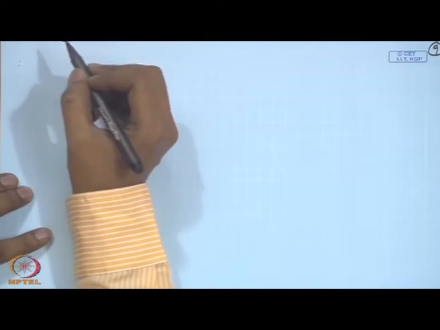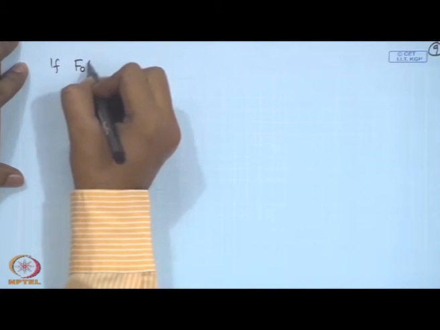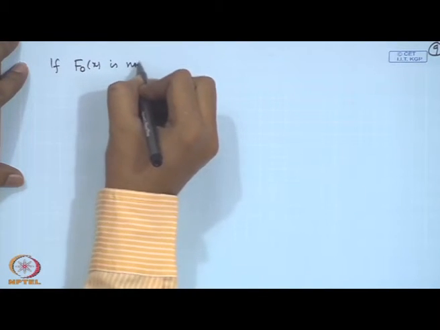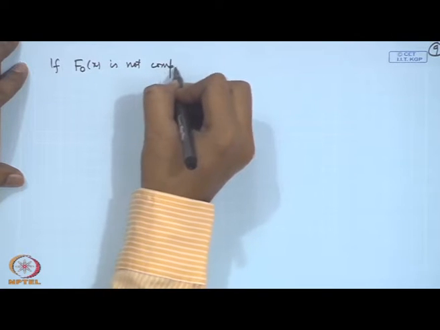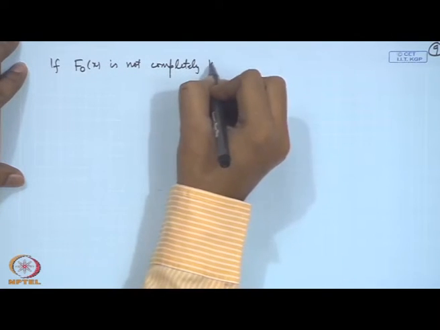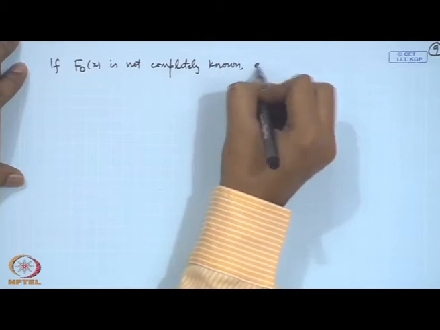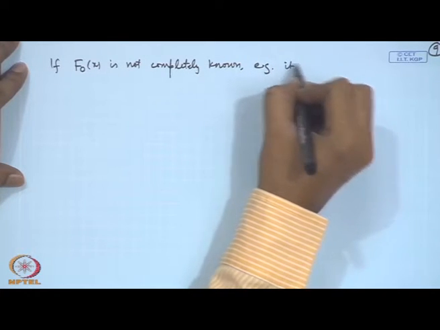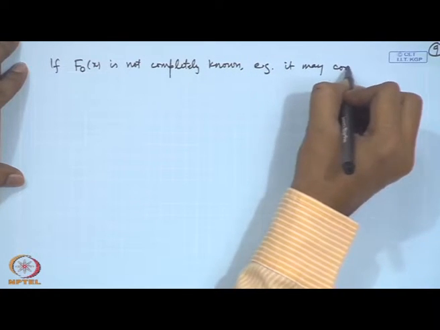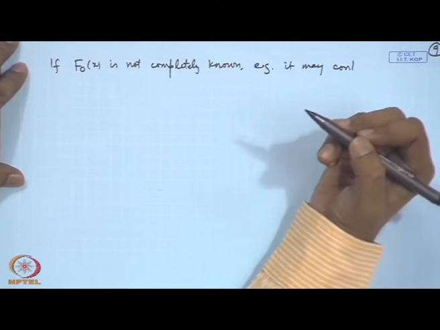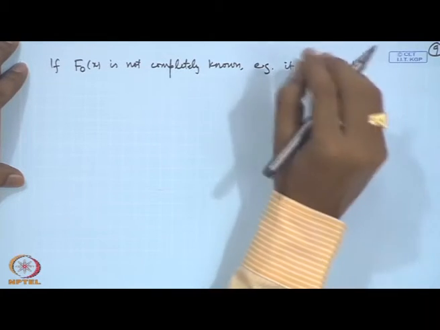In this particular case, I assumed that f naught is completely known. If f naught is not completely known, for example, if it is a binomial distribution, then there will be an unknown parameter p which has to be estimated.